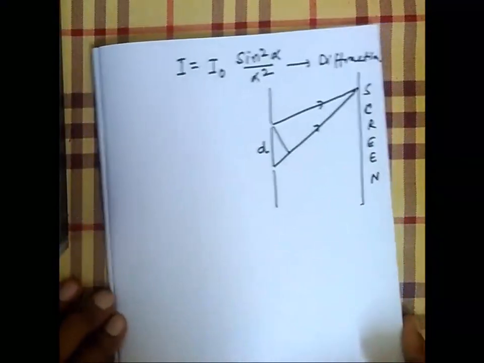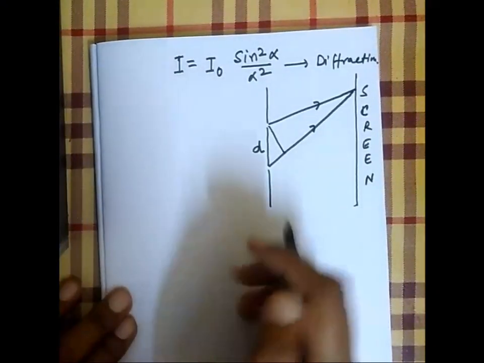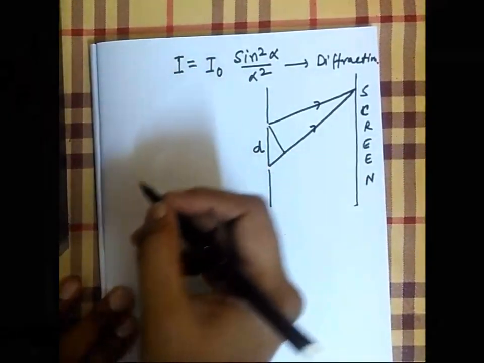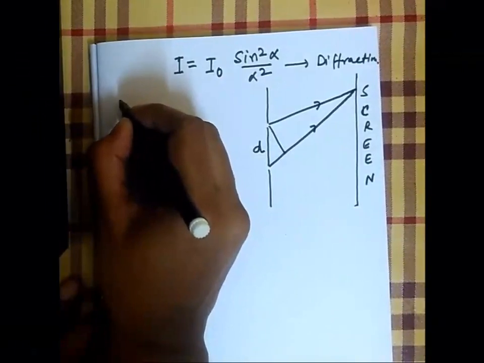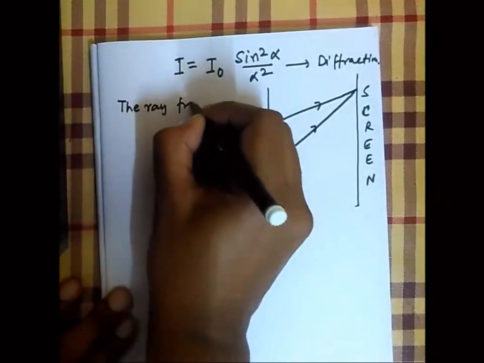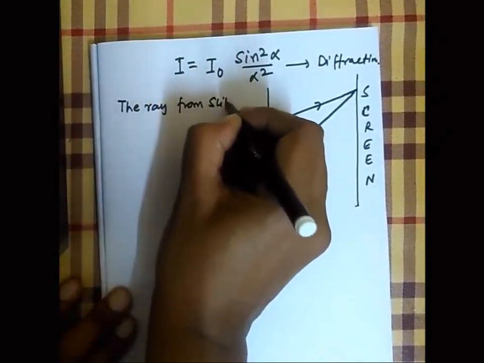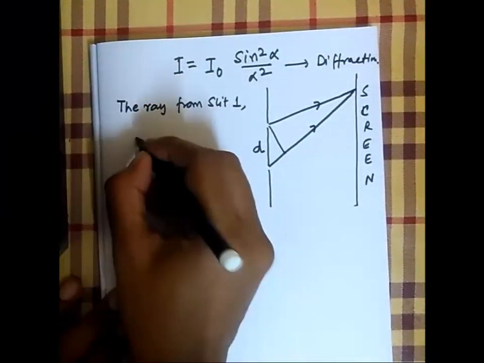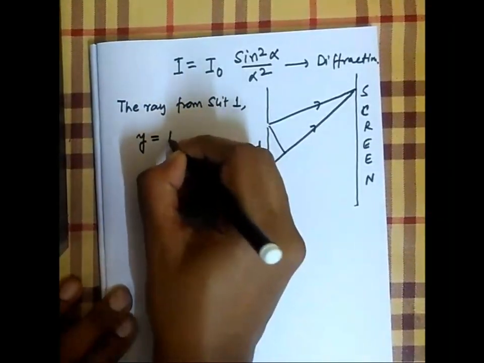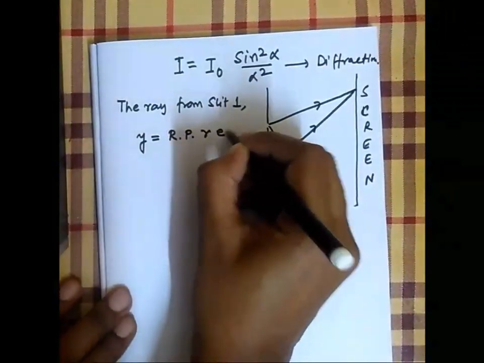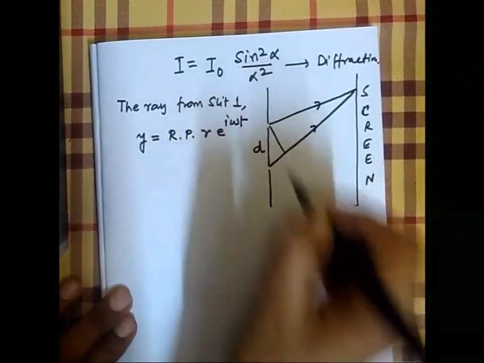But this time I want you to take the equation of the waves in a little bit different way. So consider the ray from slit 1. If we write down the equation of the wave, it looks like y is equal to real part of r e to the power i omega t.